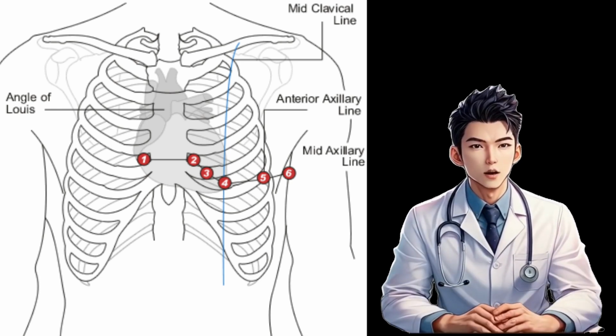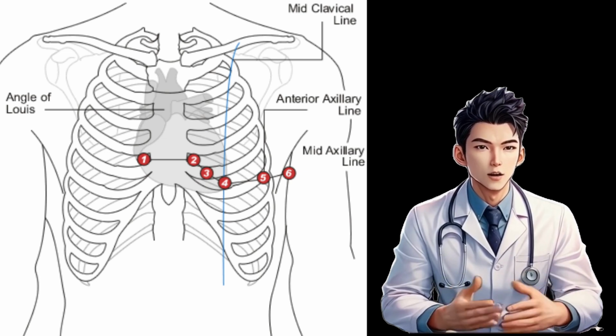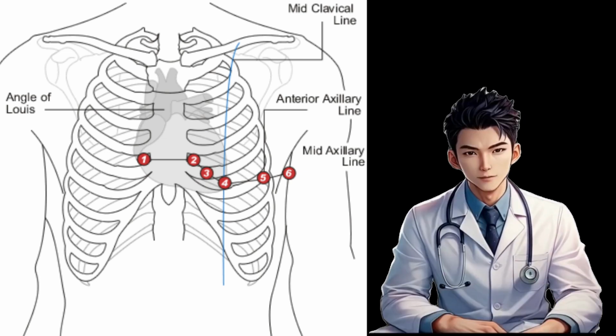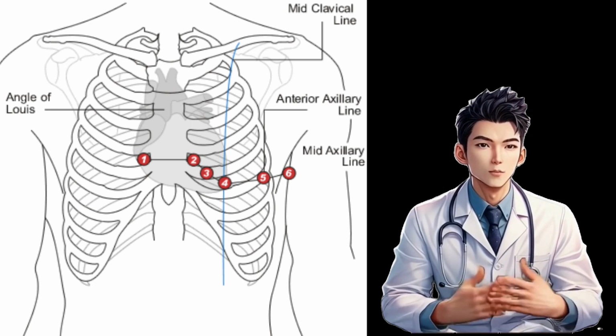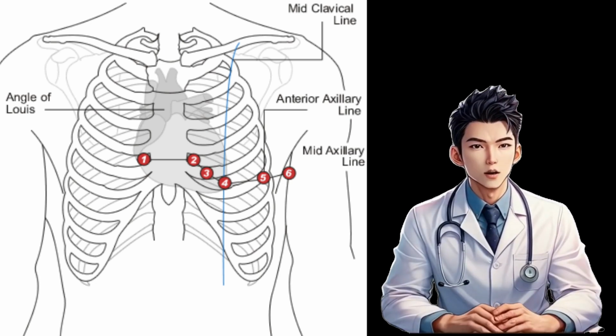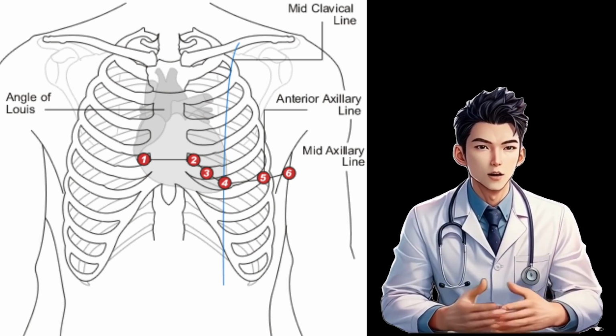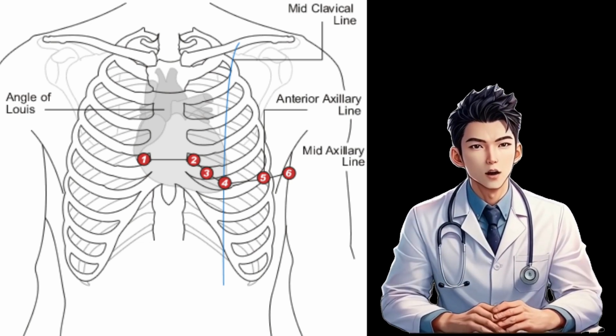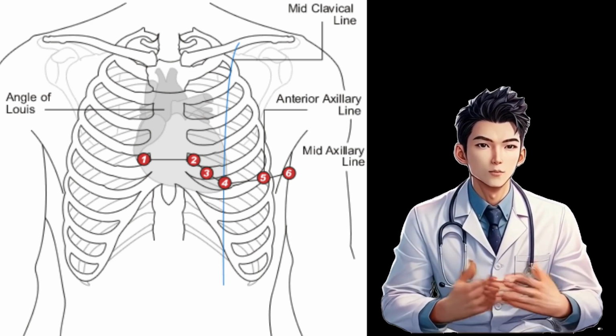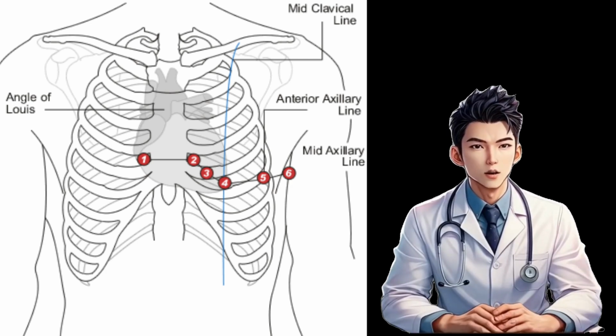In the same way, you place V2 in the fourth intercostal space on the left side beside the sternal body. You place it beside the sternal body because the fat content over here is less and we can capture the electrical activity very well. Then you don't place V3 yet. What you do is move to the fifth intercostal space.